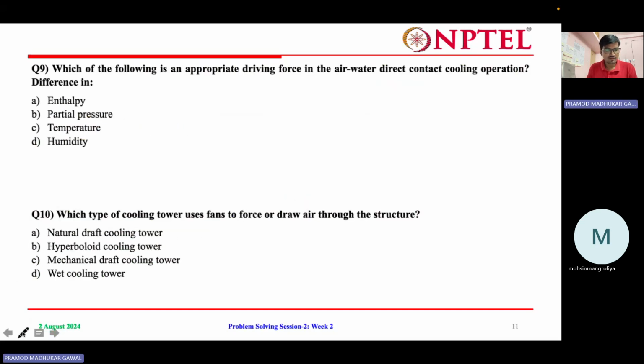So here is the mechanical draft cooling tower. In a natural draft, air flows naturally, and the hyperbolic cooling tower also has natural air flow. In the mechanical draft, fans are used to flow the air.